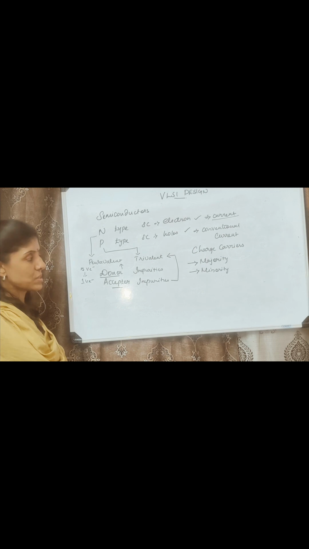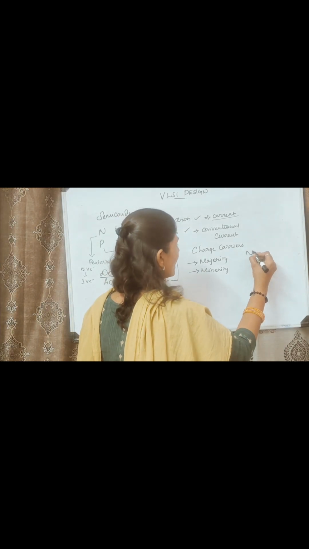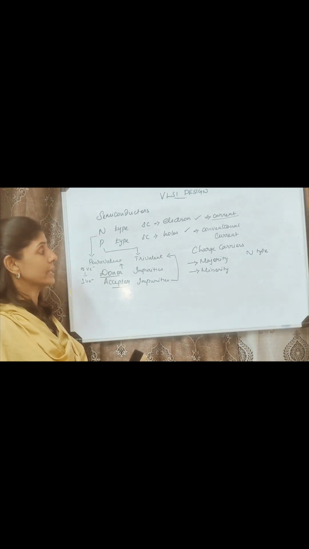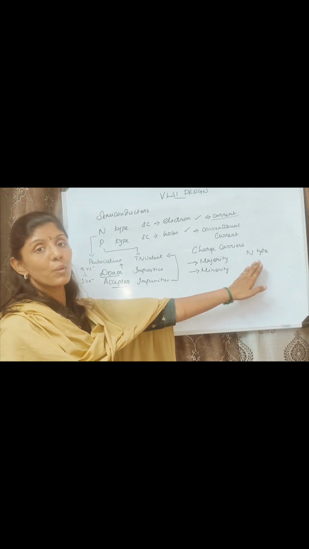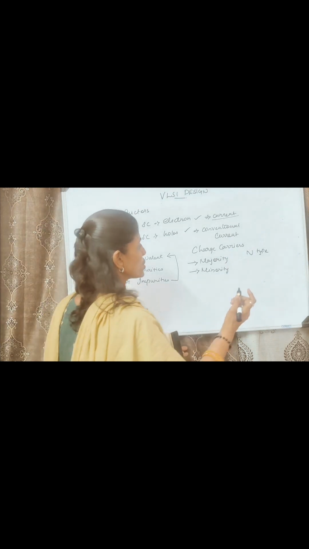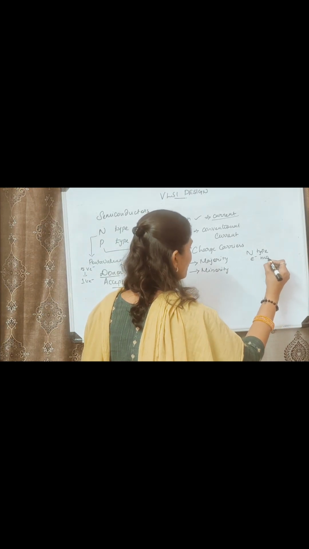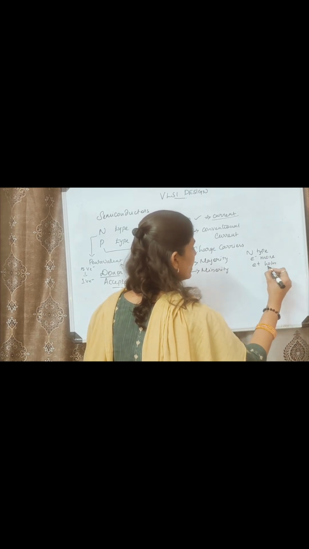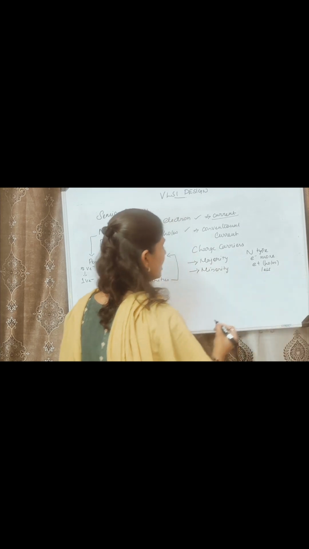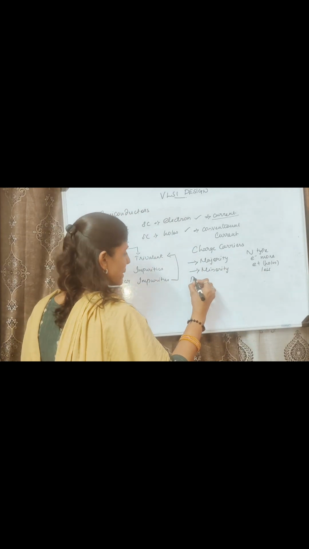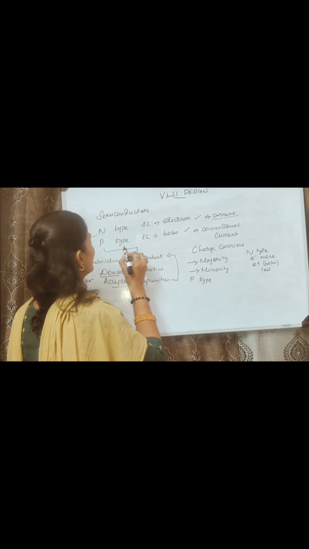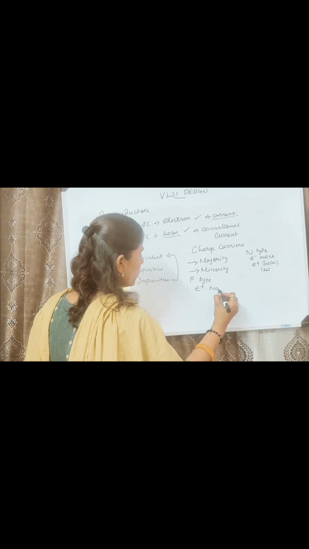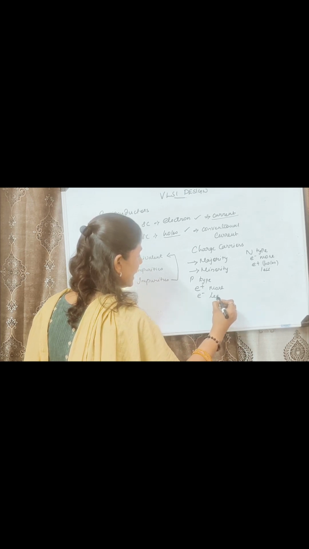Again, we take the N-type semiconductor and P-type semiconductor. You already know why we call it an N-type semiconductor: because it is a negative type where electrons are more. If electrons are more, then holes are less. If it is a P-type semiconductor, P-type means holes, so holes are more and electrons are less.